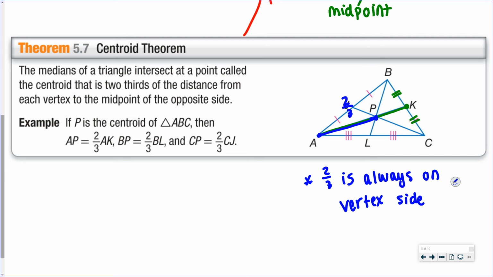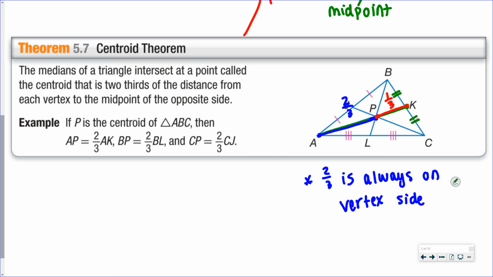Meaning this other segment, from the centroid to the midpoint, that's always 1/3 of that whole distance. Okay, that's what this little theorem is saying. That AP, the one I highlighted in blue, is always 2/3 of the whole median. Let me show you with one other one.